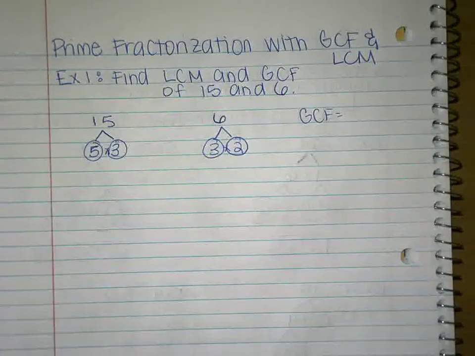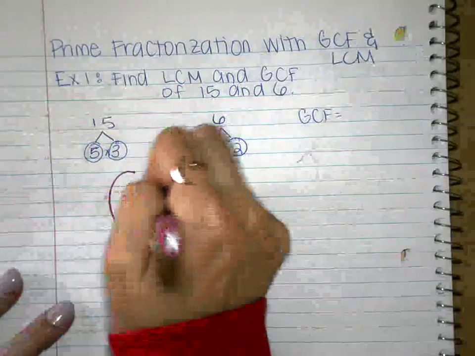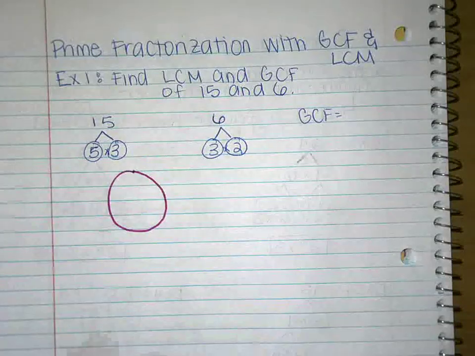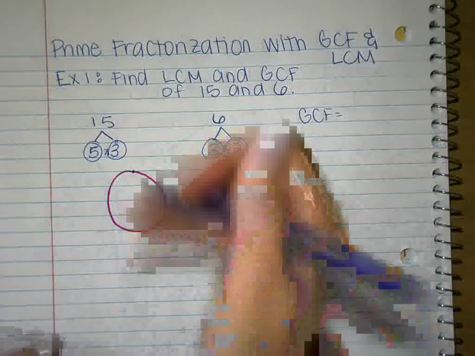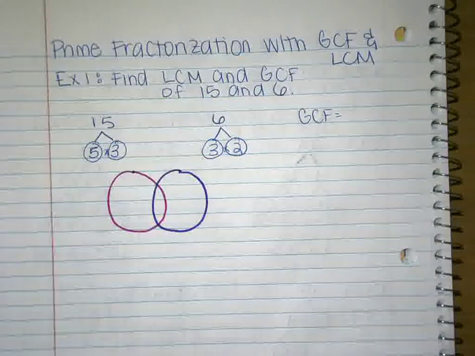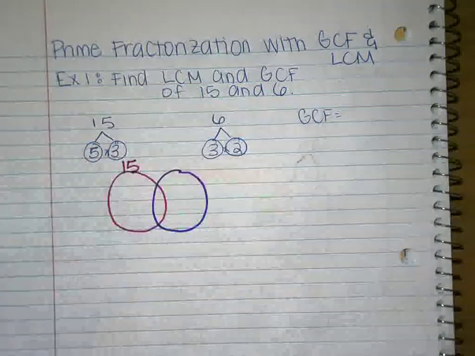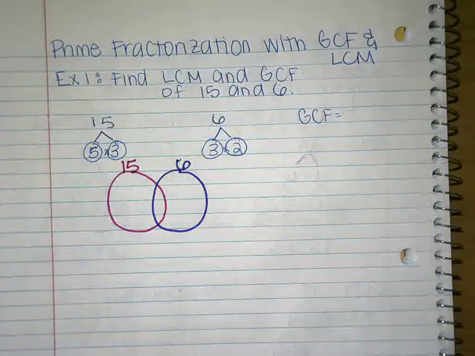Okay, so I'm actually going to draw a Venn diagram. If you don't know what a Venn diagram is, it is 2 circles that overlap each other like so. Okay, we're going to have this one be our 15 and this one be our 6.